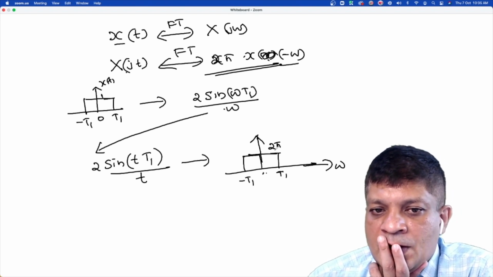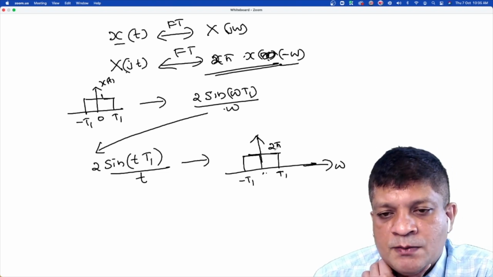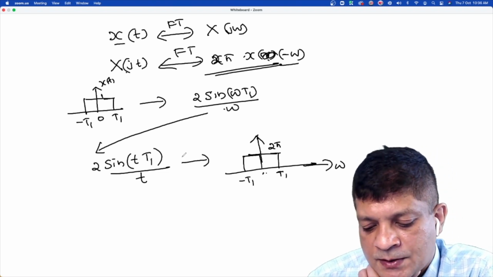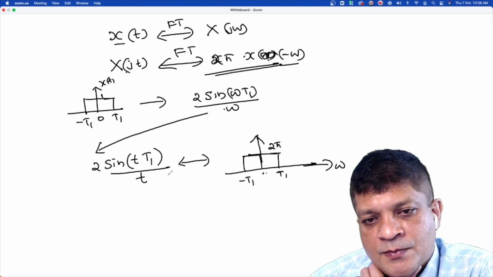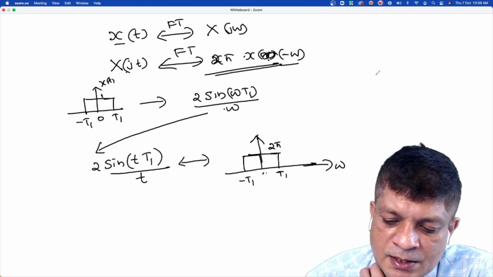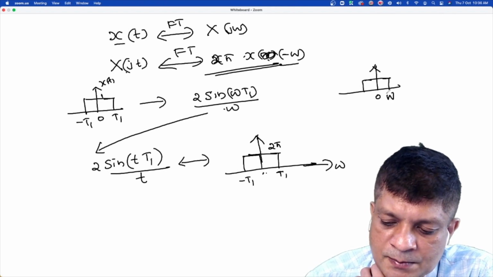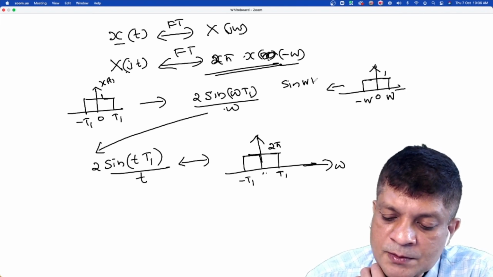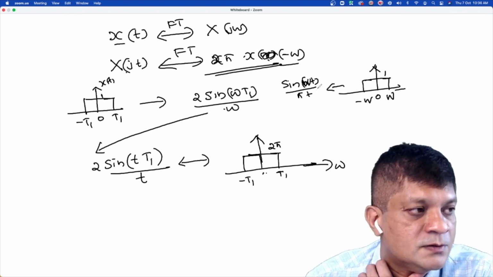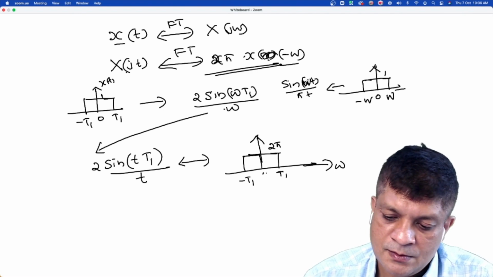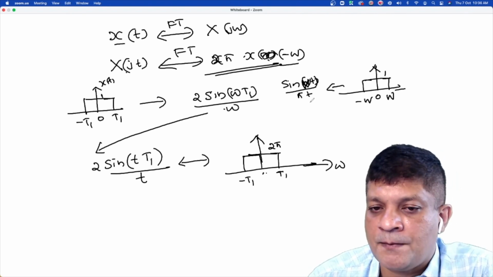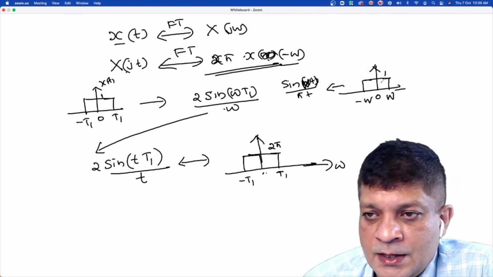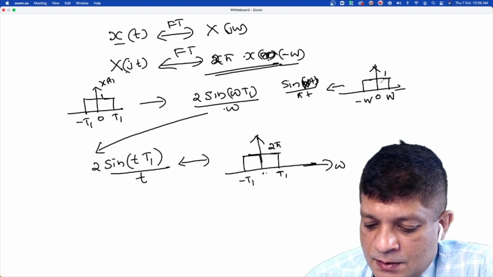Yes, sir. Now, if you simplify this expression, will you get the standard form? If you look at the formula sheet, the standard result is given as sine(Wt) by pi t, isn't it? Please verify. It is sine(Wt) by pi t. This is the standard result given in the formula sheet.